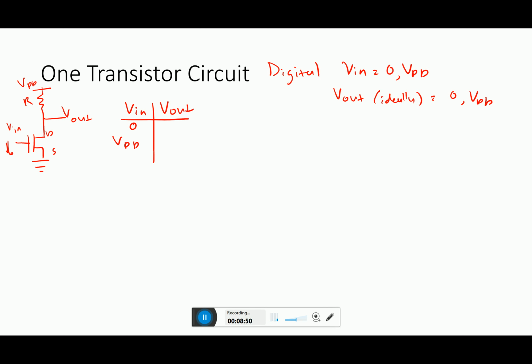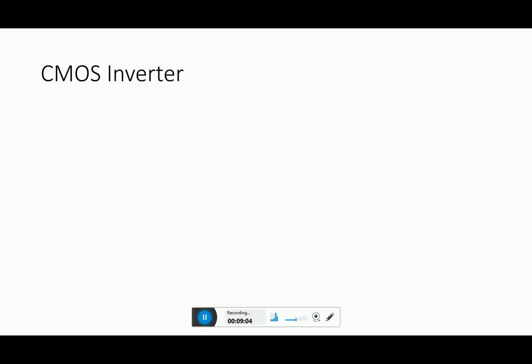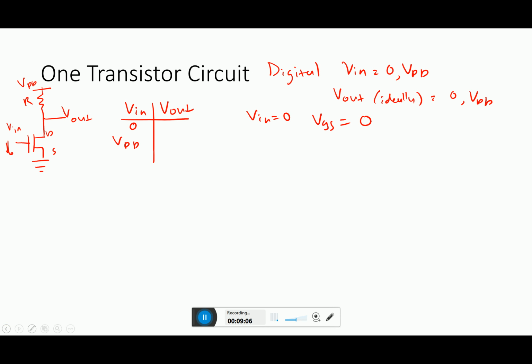Okay, so Vin equals 0. That means that VGS equals 0 as well, and therefore the transistor is in the off stage. So we have it in the off stage. What happens? Let's draw the circuit.